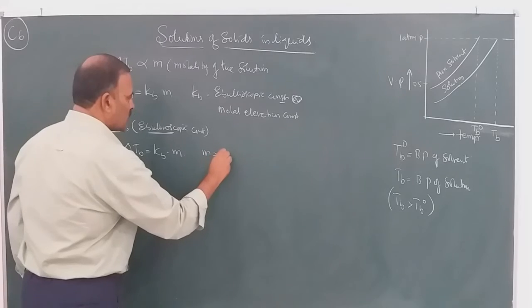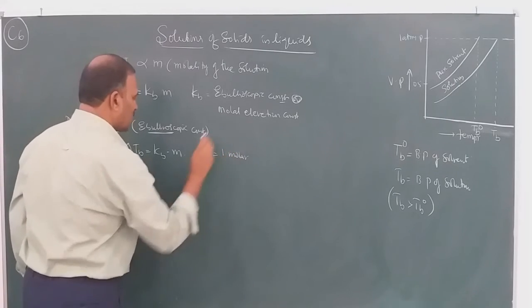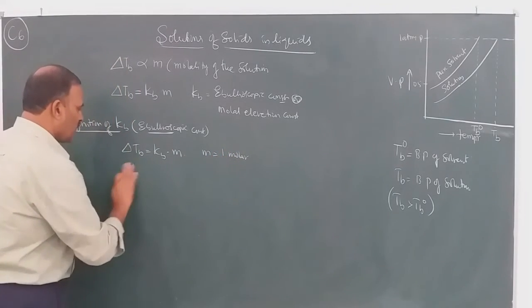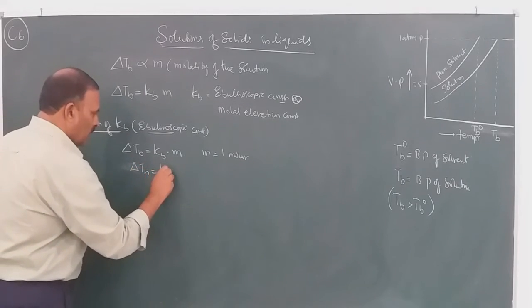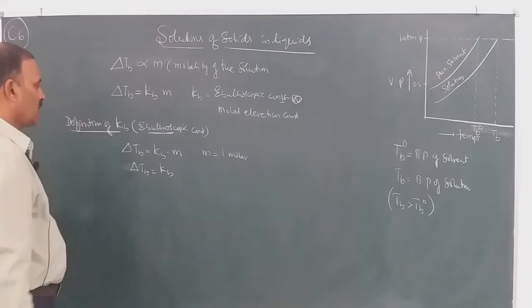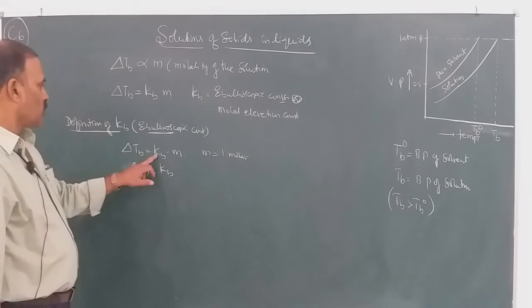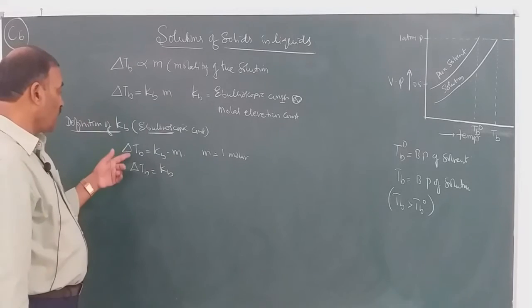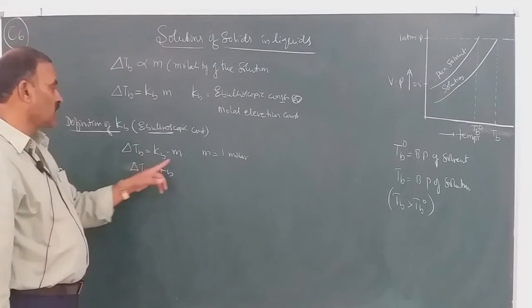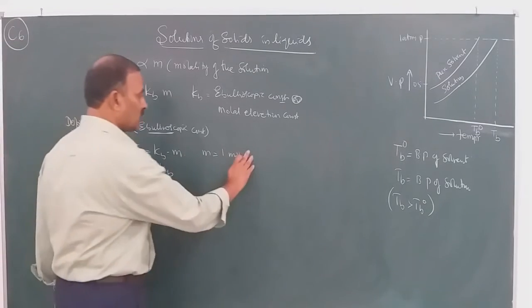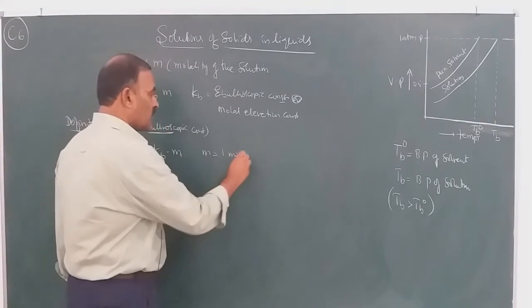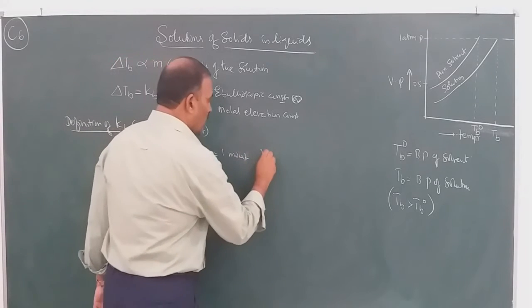When m equals 1 molal, then delta Tb equals Kb. That means the ebullioscopic constant is equal to the elevation in the boiling point of the solution when the molality of the solution is 1 molal.